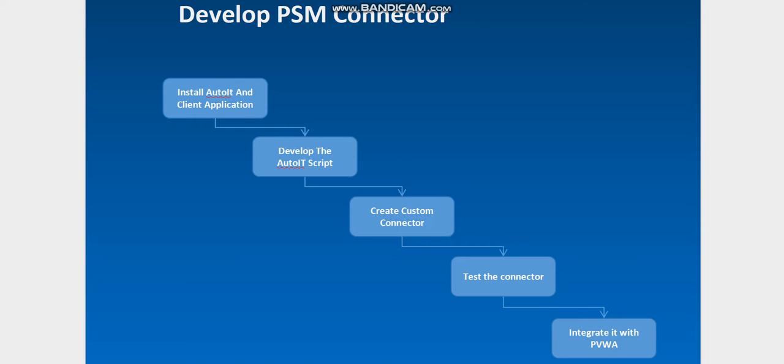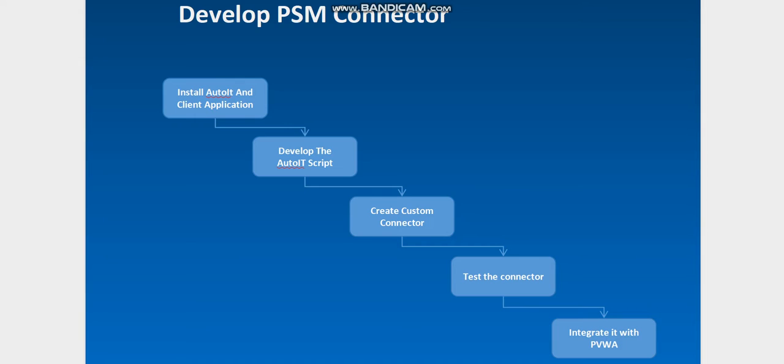The client application is the application you want to launch through your PSM automatically, right? When the user connects through PVWA and clicks on connect, that application login process should be automated. For example, you may think of SQL Developer, WinSCP, and all these things. When you launch WinSCP, it launches automatically, right? WinSCP basically launches through AutoIT.